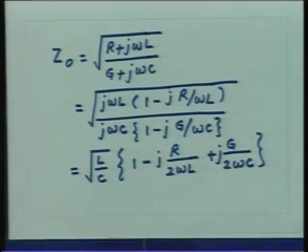So, we conclude now two important things: for a low loss transmission line, the propagation constant gamma has two parts. It has an imaginary part and it has a real part. The imaginary part, which is nothing but the phase constant, is the same as the phase constant of a lossless transmission line.